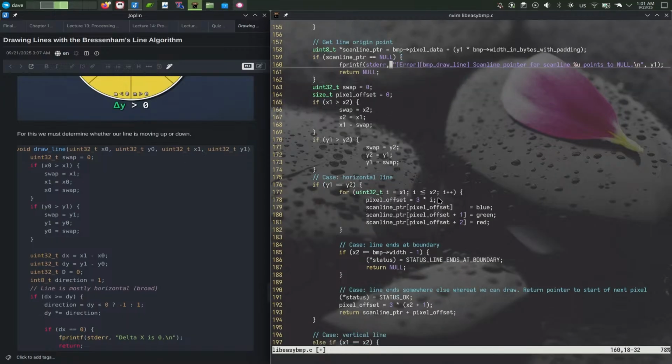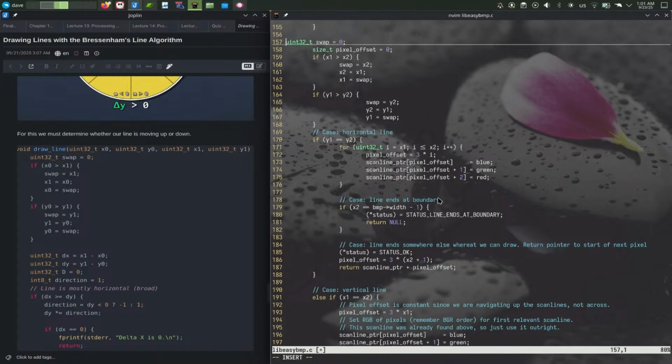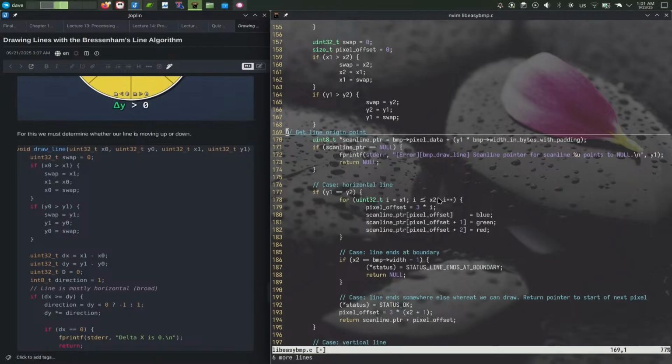But then also, the scanline pointer is based on the value of y1, and we want to ensure that y1 is less than y2. So we're also going to do this, right? And put it here instead.